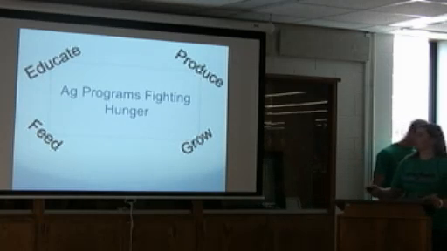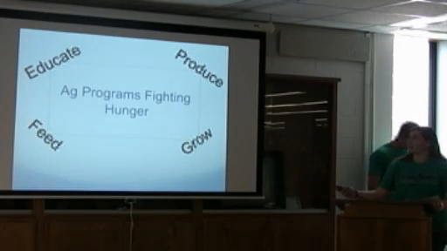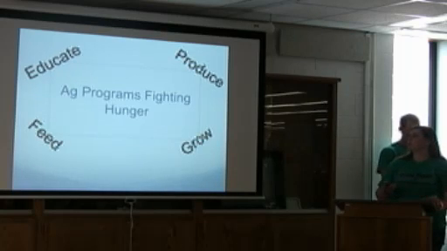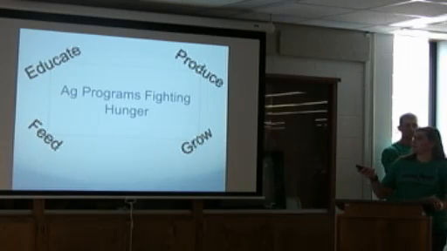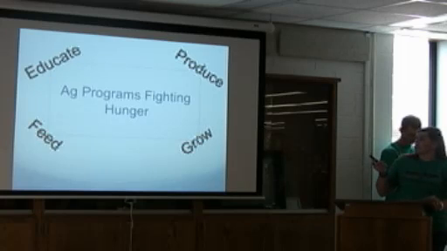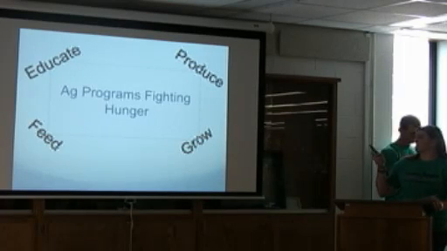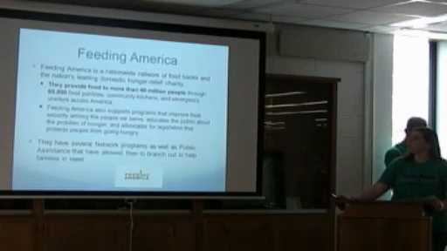Okay, I'm going to talk about the ag programs that are leading into and are funded by the USDA. They've all kind of talked about some of them helping elderly and the children, but ag and the USDA are mainly for education, to grow, to produce, and to feed America.